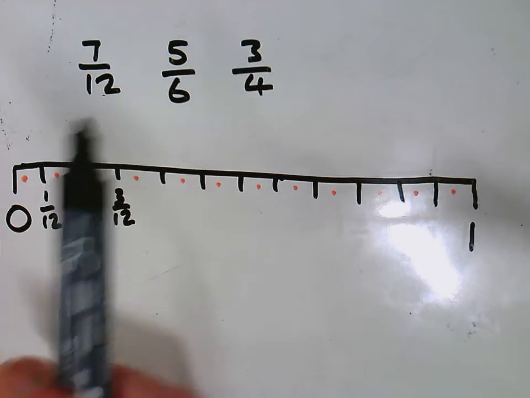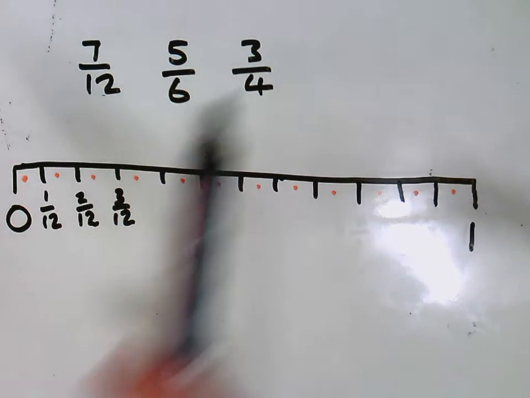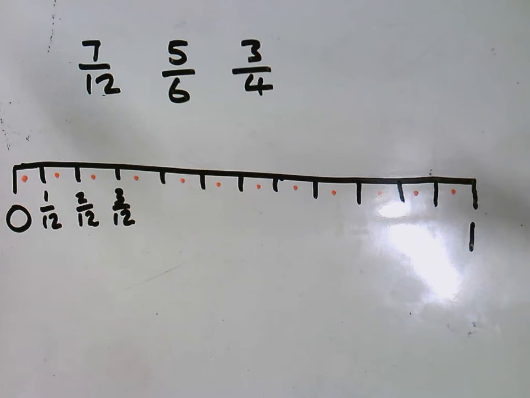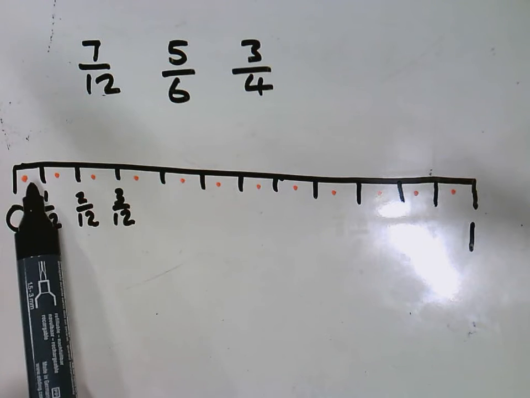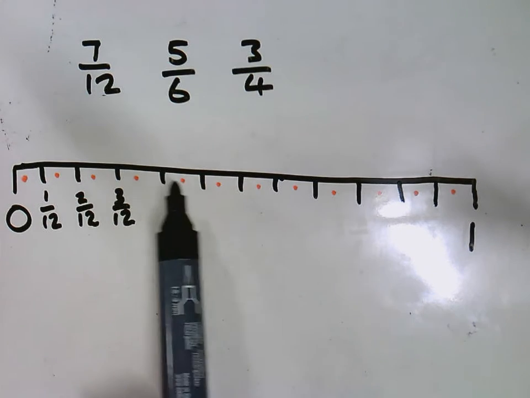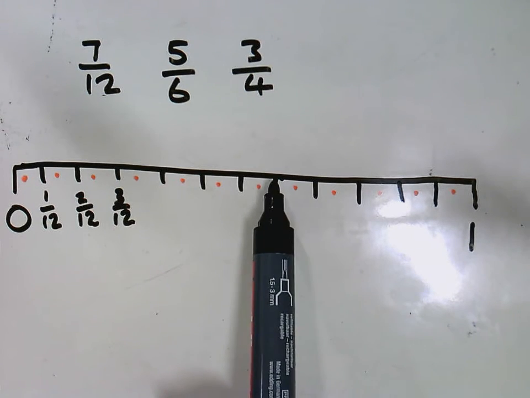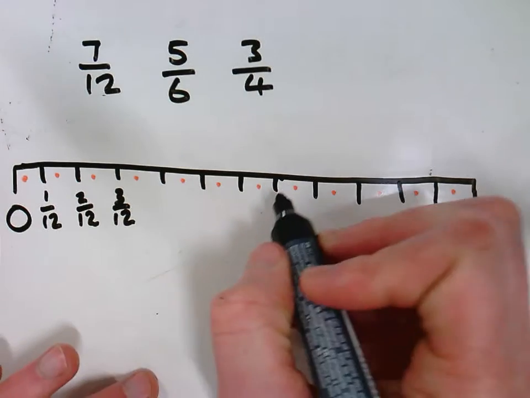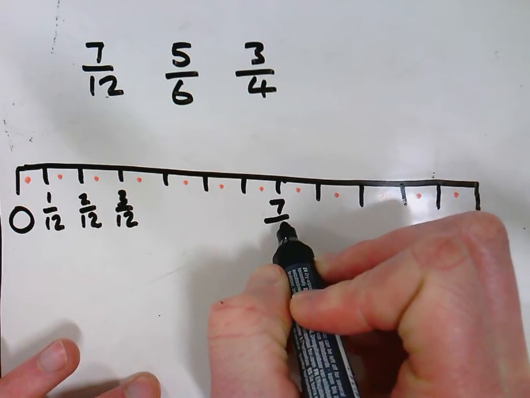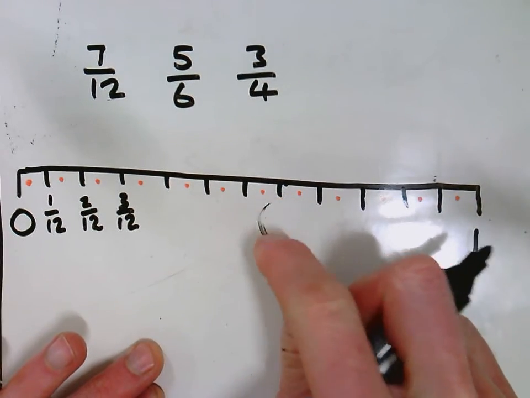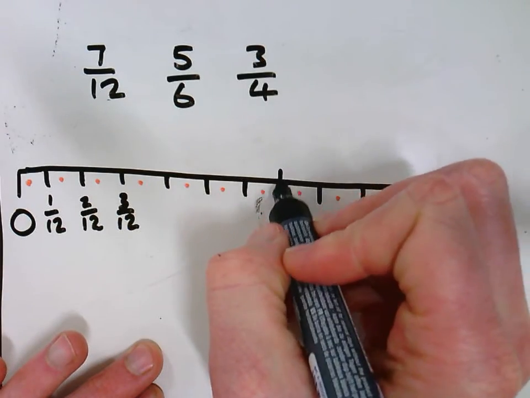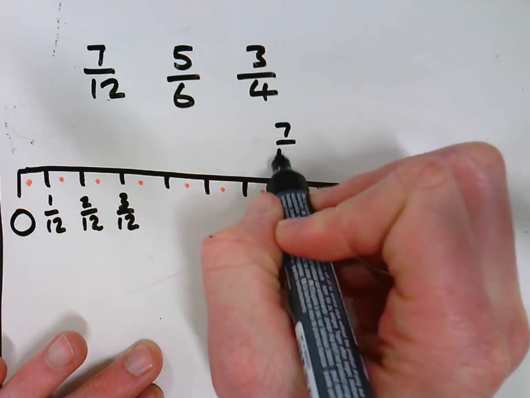Now, I only need to mark on these 3 fractions. I can easily mark on 7 twelfths because I just count up 7 times: 1 twelfth, 2 twelfths, 3 twelfths, 4 twelfths, 5 twelfths, 6 twelfths, 7 twelfths. So I know that 7 twelfths, I can put my answers above the line, is going to be here.